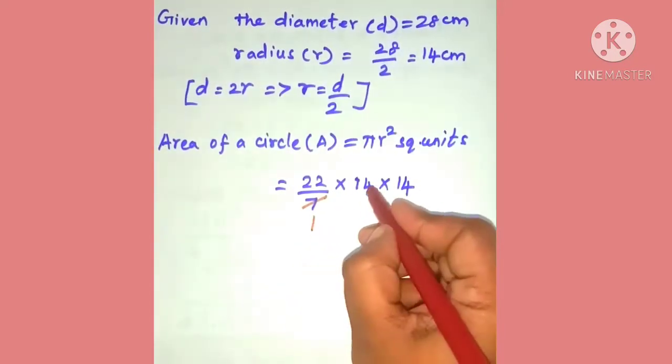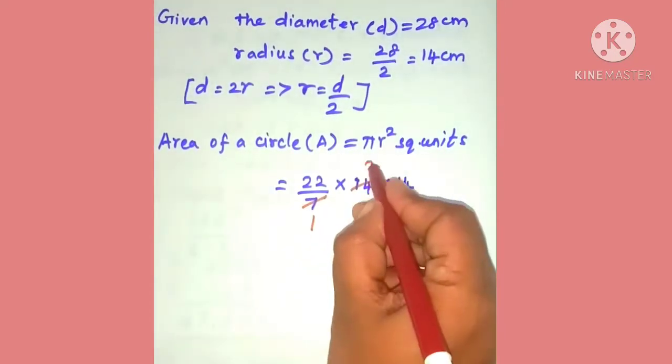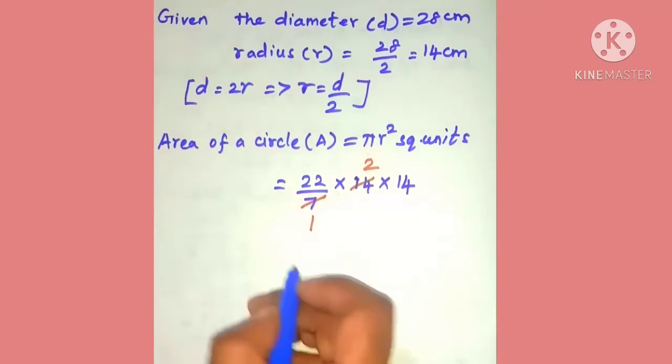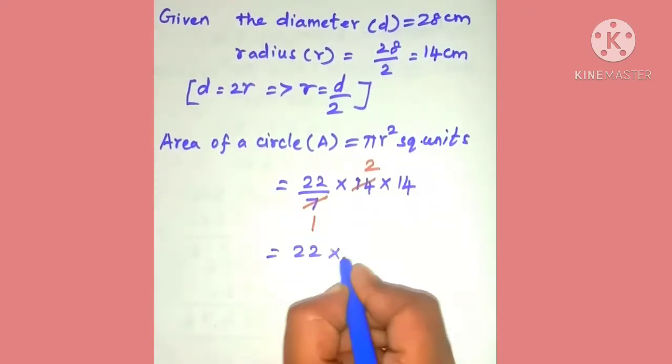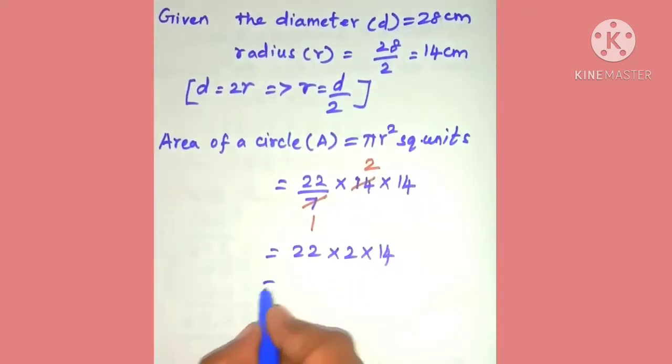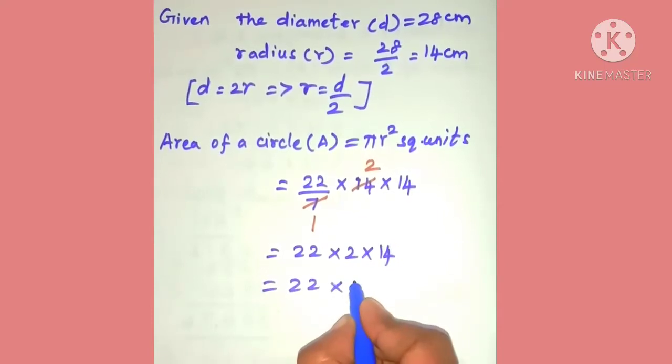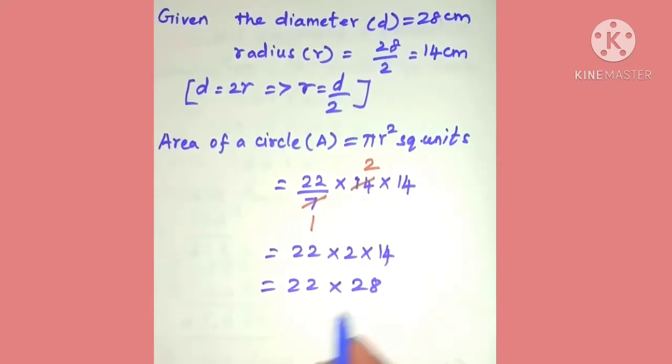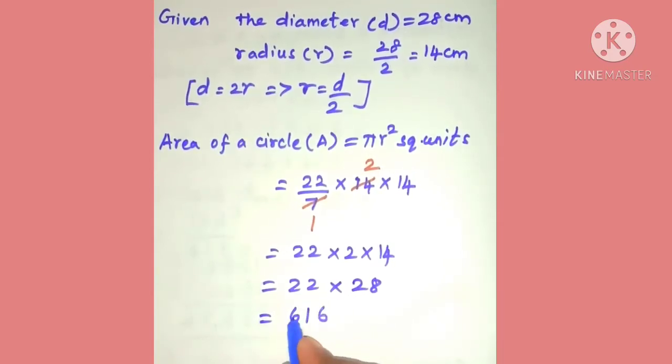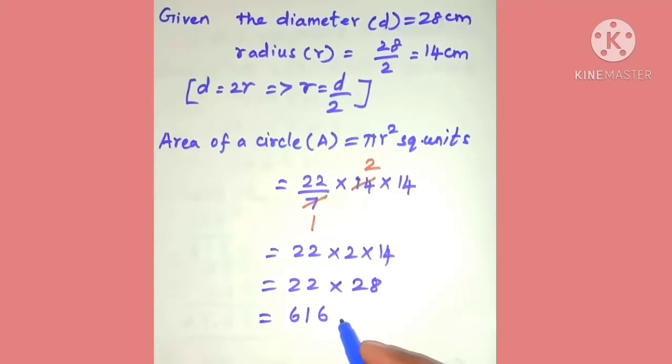So here it is one time, 7 2s are 14, 2. So now 22 into 2 into 14. 22 into 28. 2 into 14 is 28. So now when we multiply 22 into 28 is 616.